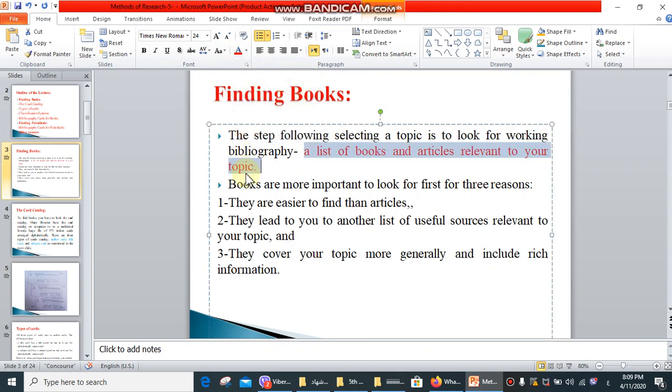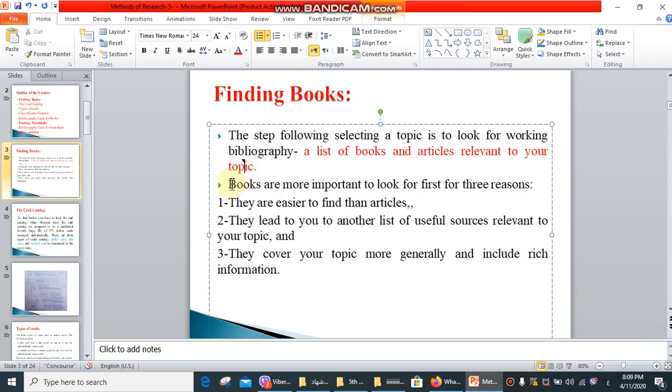Okay, this is the meaning of working bibliography. So when you have selected your topic and narrowed it down, the coming step is to find books relevant to your topic.